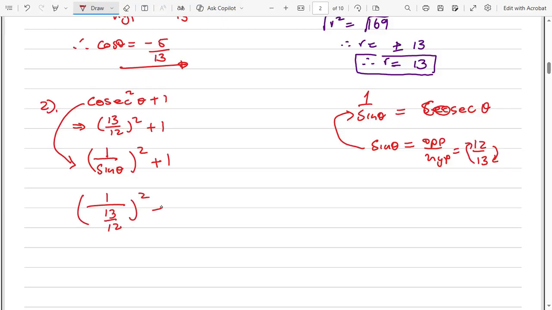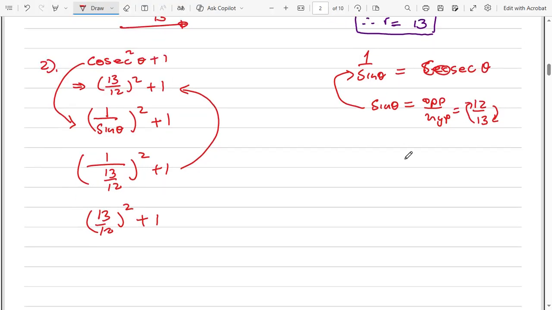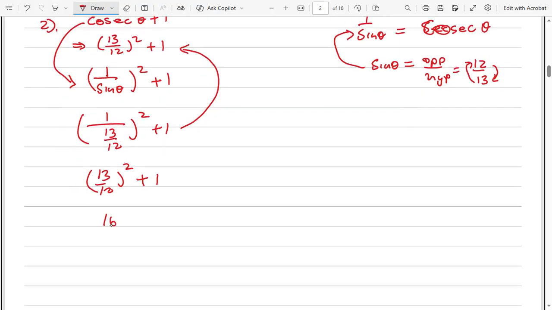Everything squared plus 1. When you solve this, it should give you 13 over 12 squared plus 1. So 13 squared, that's 169. And then what is 12 squared? 144. Then add 1. Can you tell me what is the answer when you add them?